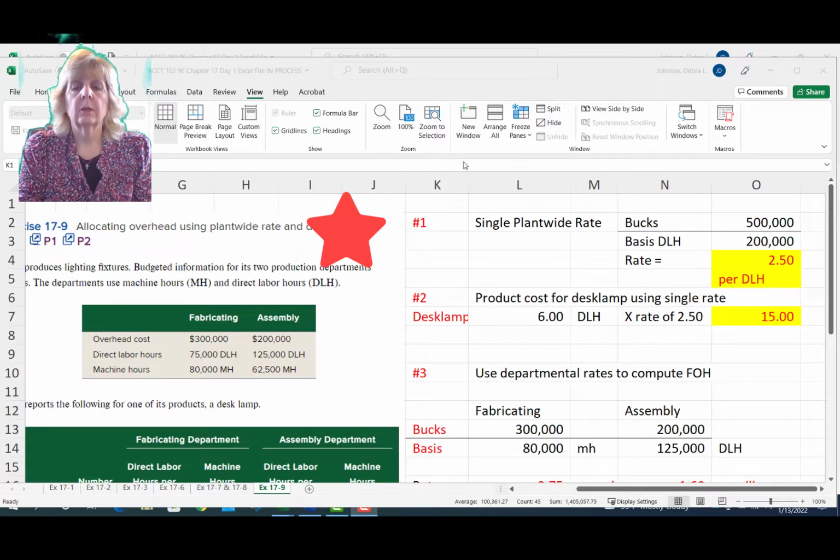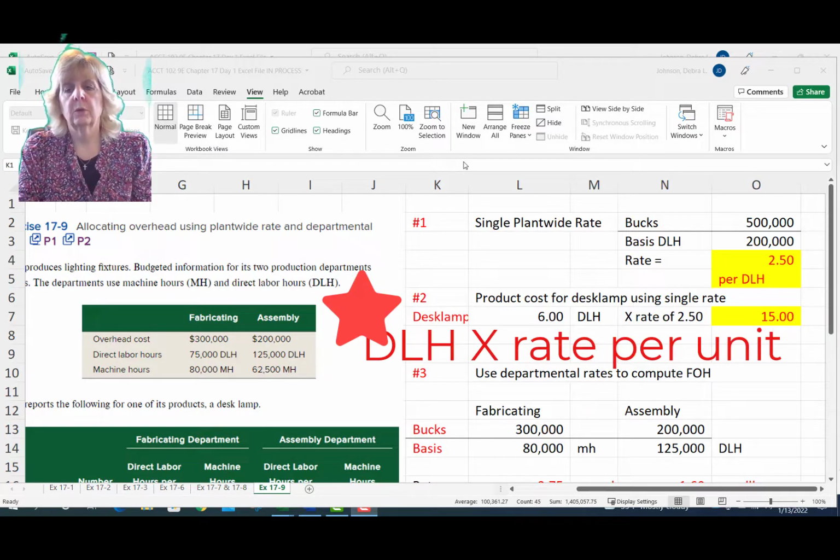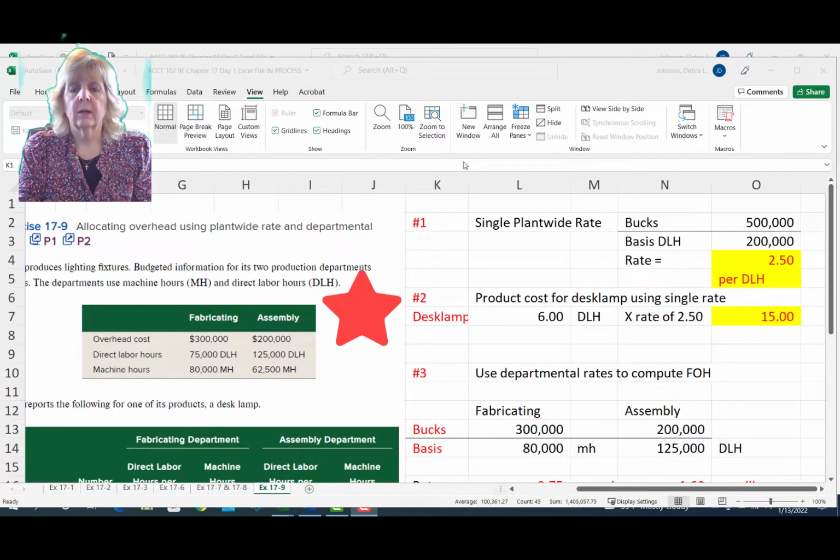In requirement 2, using that rate, we pushed it down to the product cost for the desk lamp by taking the 6 direct labor hours that the desk lamp took to produce times the $2.50 rate that we computed in number 1. That gave us a product cost of $15.